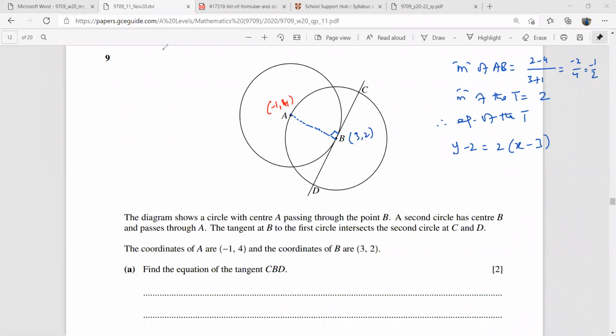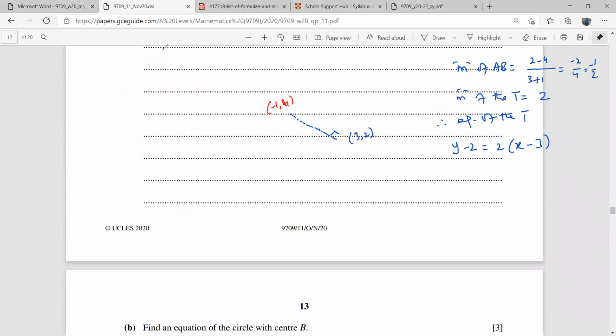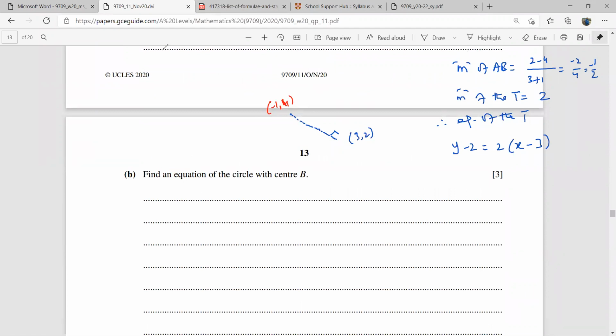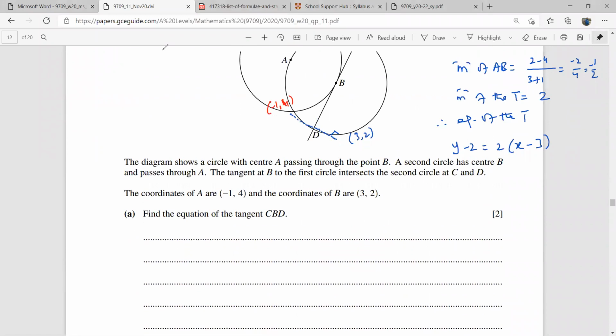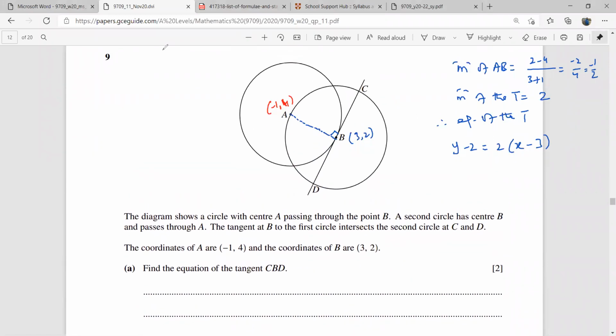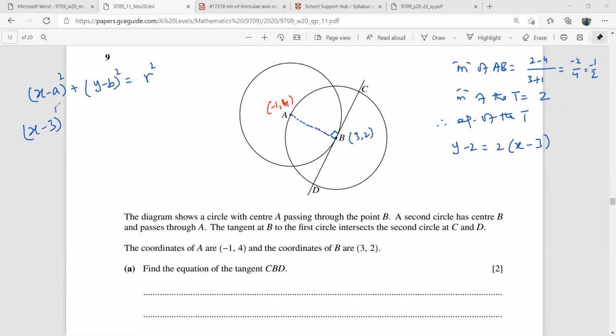Okay, so next part, it says, find an equation of the circle with center B. So guys, the equation of a circle is basically x minus a whole square plus y minus b whole square, that is equal to r square. So we know that the center is quite clearly 3 comma 2. This is x minus 3 whole square plus y minus 2 whole square.